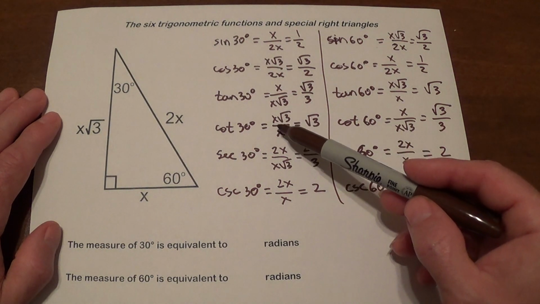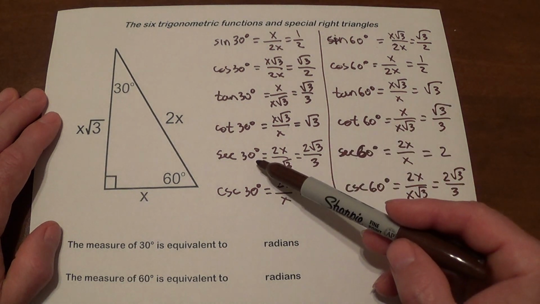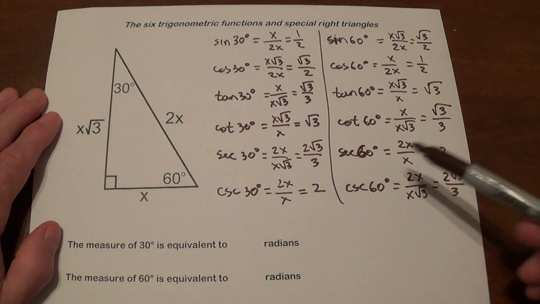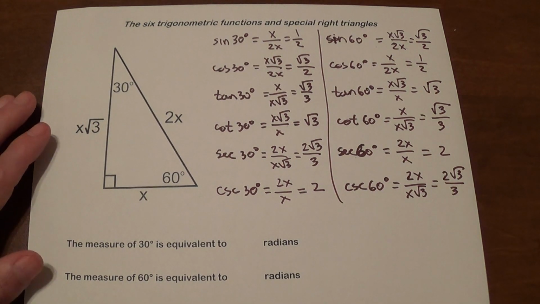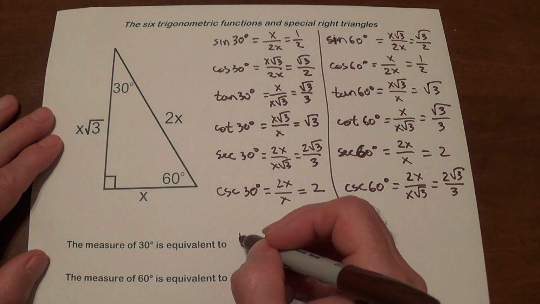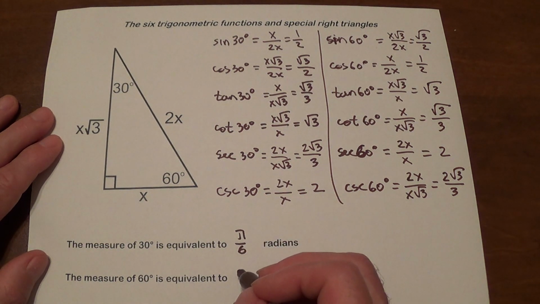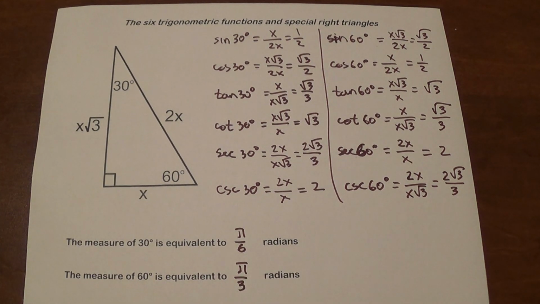The same thing holds for cotangent 30 and tangent 60, and the same goes for secant 30 and cosecant 60, and cosecant 30 and secant 60. There's actually a reason for that. The measure of 30 degrees is equivalent to pi over 6 radians, and the measure of 60 degrees is equivalent to pi over 3 radians.